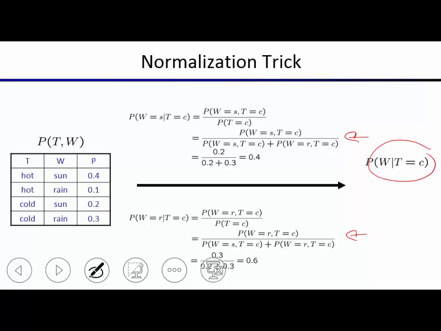Okay? So that's something we'll rely upon. Another thing to notice is that if you look at this denominator here and this denominator here, they're actually the same. In fact, we know they're going to be the same because it's already the same here, and we just then re-express it in terms of entries we have in the table.